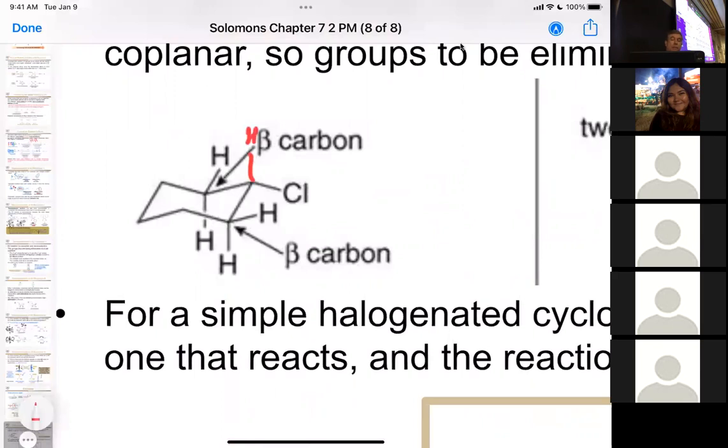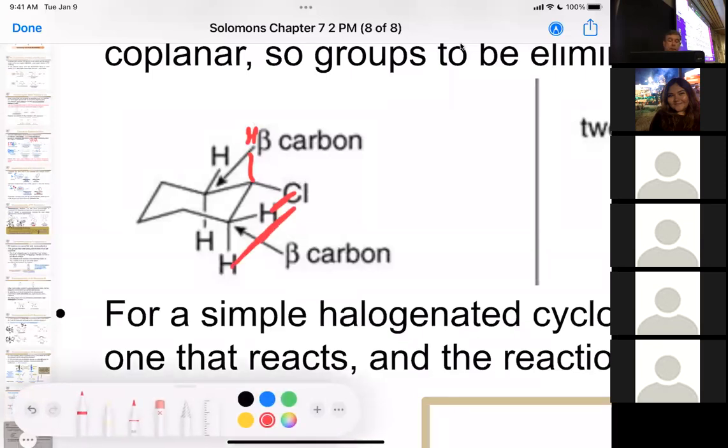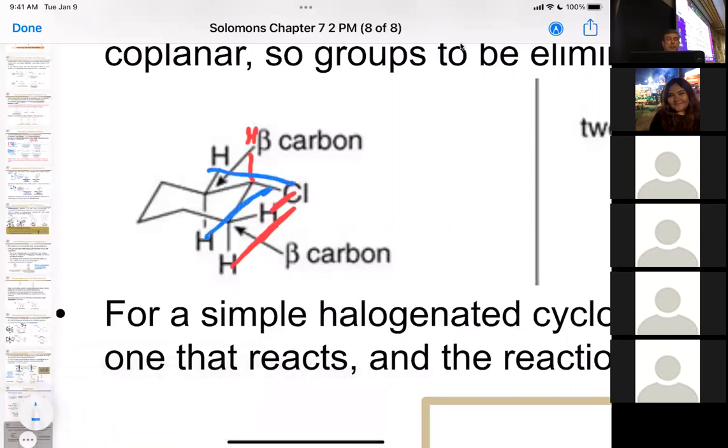And so we have this hydrogen here and this hydrogen is gauche to that chlorine. This hydrogen's gauche to that chlorine. This hydrogen is gauche to that chlorine and this hydrogen's gauche to that chlorine, which means this carbon right here and this carbon right here are the ones that are anti to that chlorine.